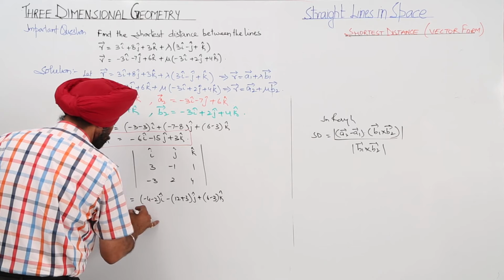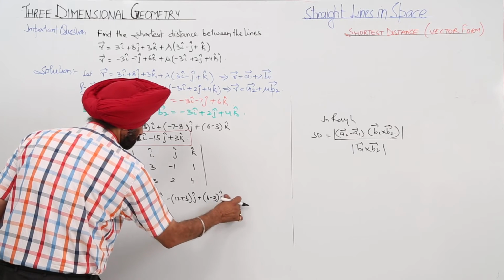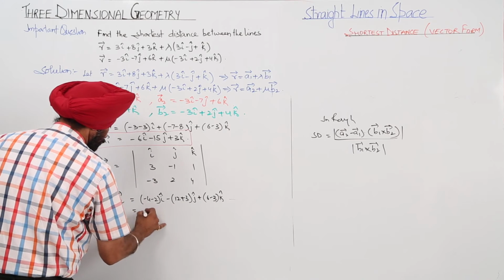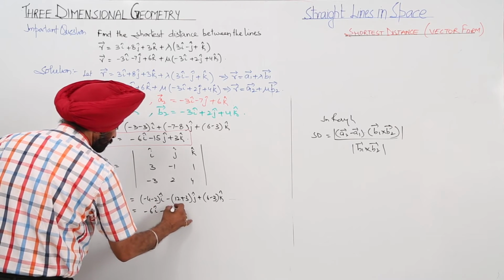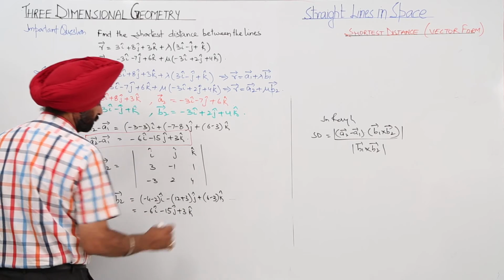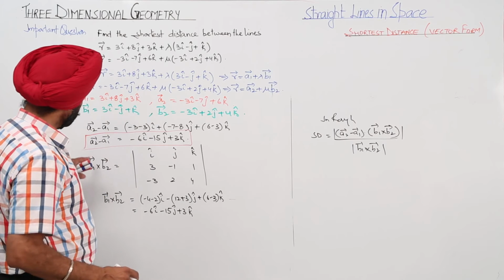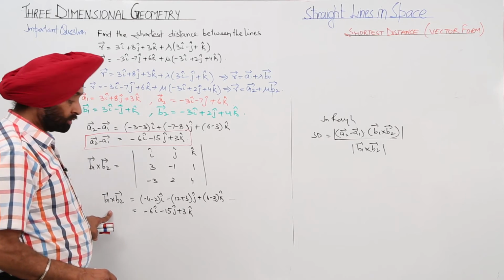So this is equal to negative of 6 i cap, negative of 15 j cap plus 3 k cap. Okay, so we got a2 minus a1, and we got the cross product b1 cross b2.